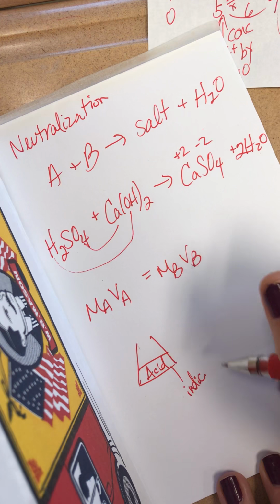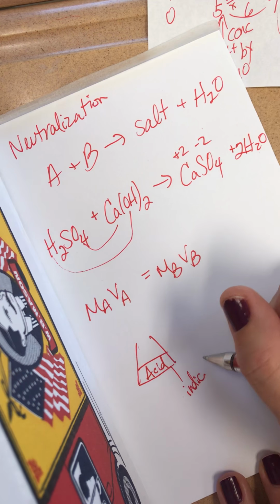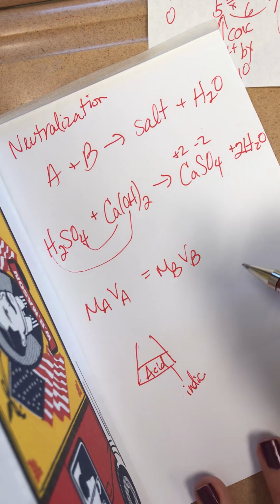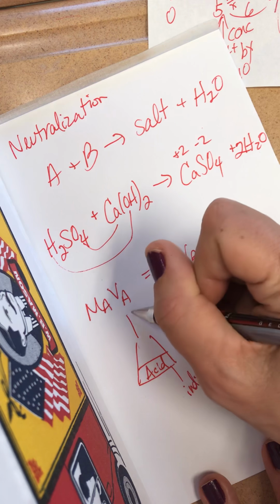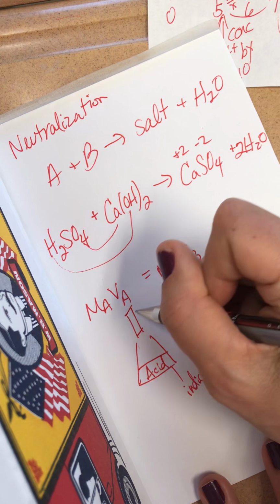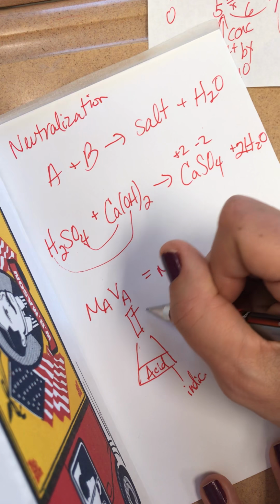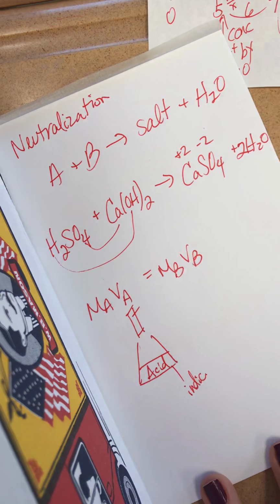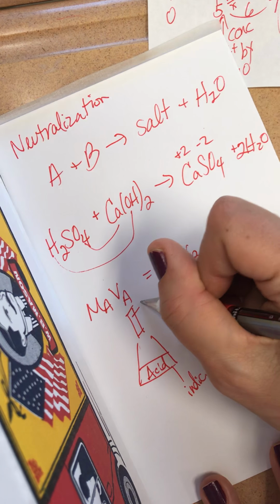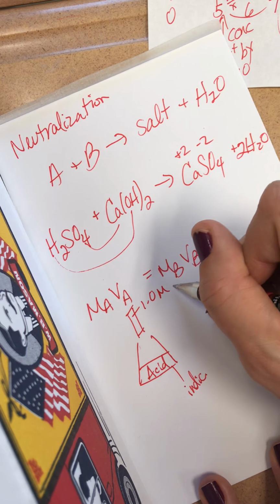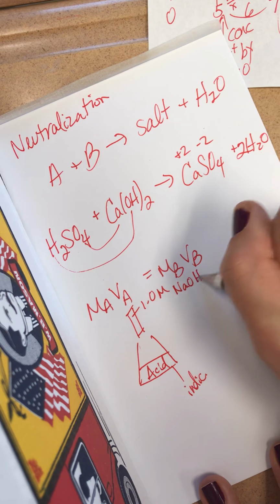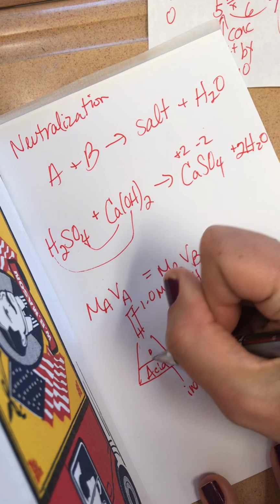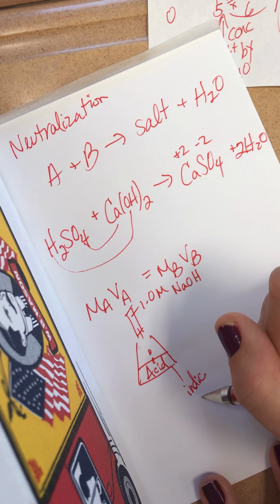You used phenolphthalein, which is clear until it turns a base and then it becomes pink. And we had a little syringe up here, and you knew the volume that you were using. So you recorded where you started. And this was 1 molar sodium hydroxide. And so you let this drip in until the indicator changed colors.